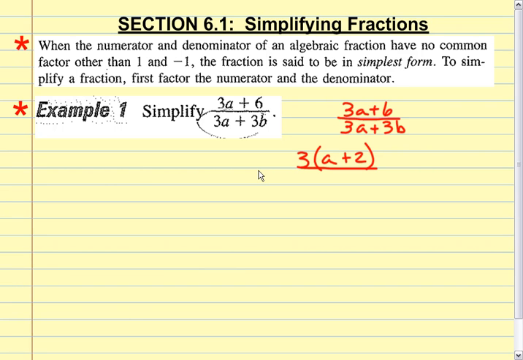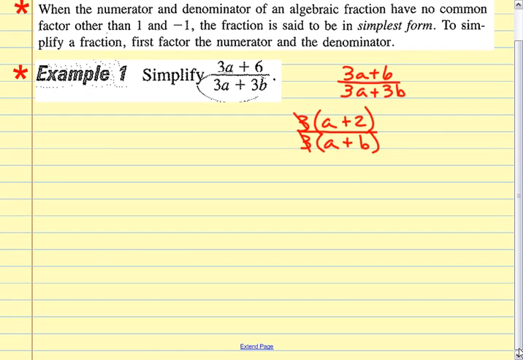On the bottom, I can also take out a 3: 3 times a plus 3 times b, okay? All right. Now that I have factored it, I can see that I've got a common factor on the top and the bottom that they just cancel out. They turn into 1. And now this fraction has been reduced to equal a plus 2 over a plus b.